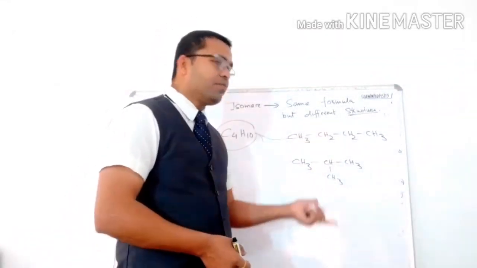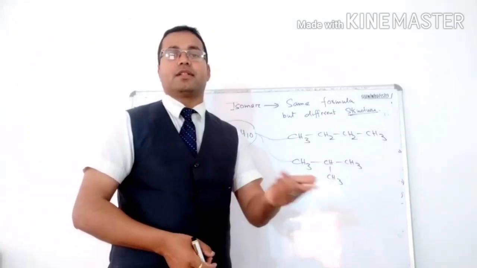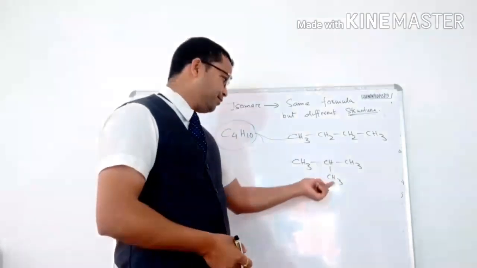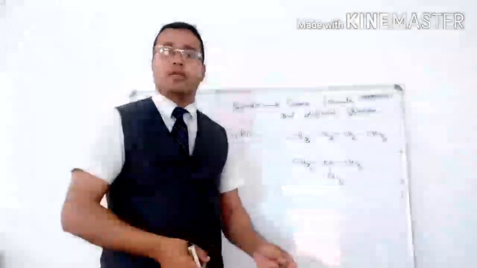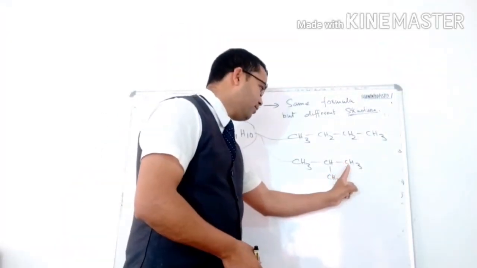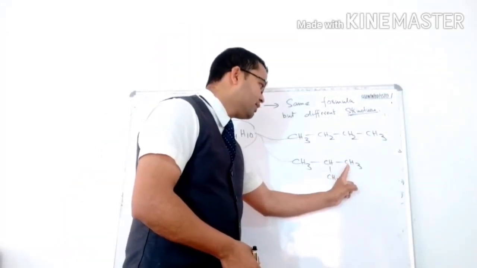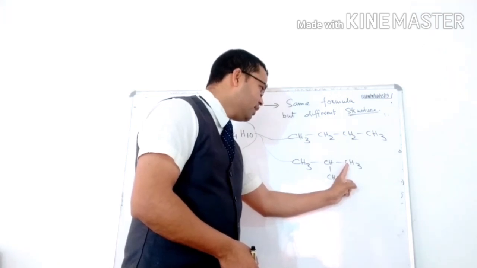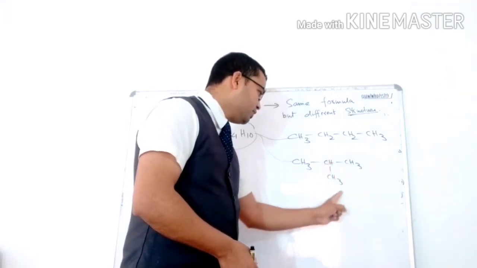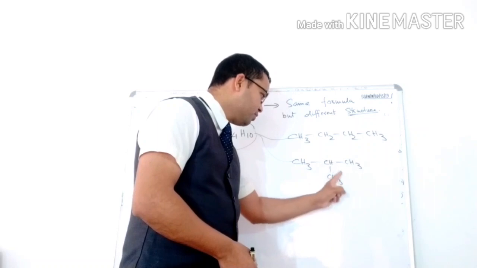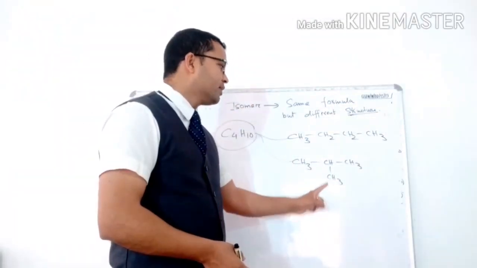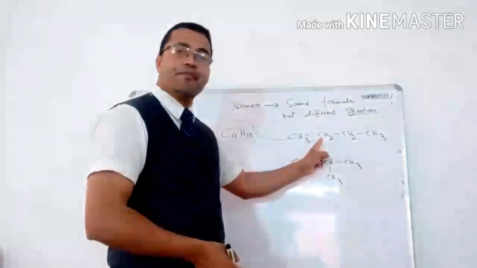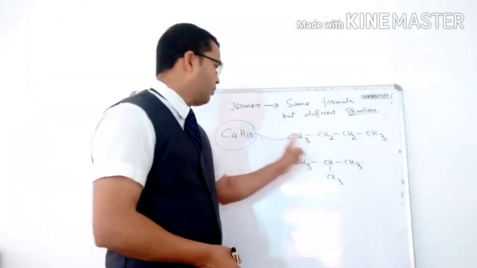The IUPAC name, you will learn in class 11 in detail. The IUPAC name of this compound is 2-methyl propane. Counting is done from the nearest end, so 1, 2. Position is 2, so it is 2-methyl propane. The properties of 2-methyl propane are completely different from normal butane, but the formula is the same.